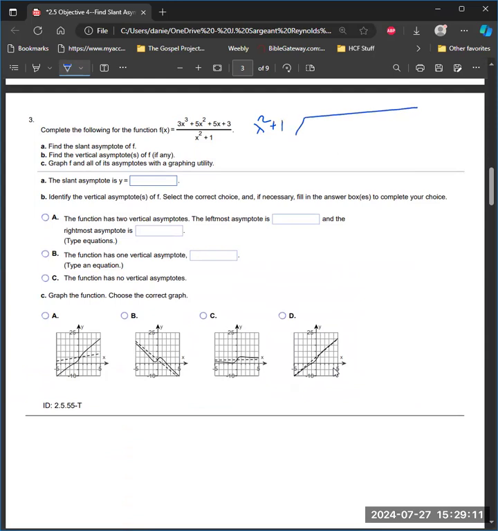X squared plus 1 into 3x cubed plus 5x squared plus 5x plus 3. So this is going to be 3x and then this is going to be plus 5.